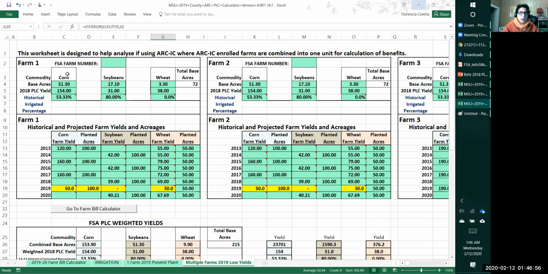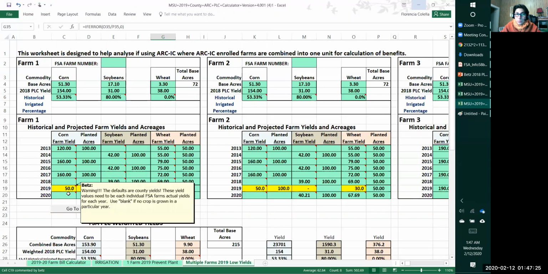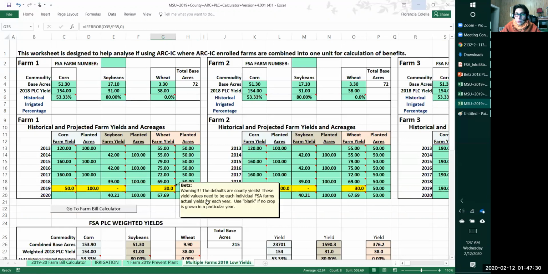So in this farm number 1, I have entered the 51.3 acres with a 154 bushel an acre for corn, whatever the soybean base and yield were, same thing for wheat, historical irrigated percentages, and the yields and acres planted for corn, beans, and wheat, including the prevented plant acres and yields that we had calculated.